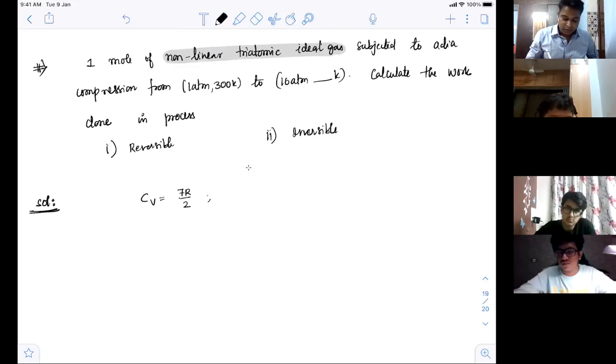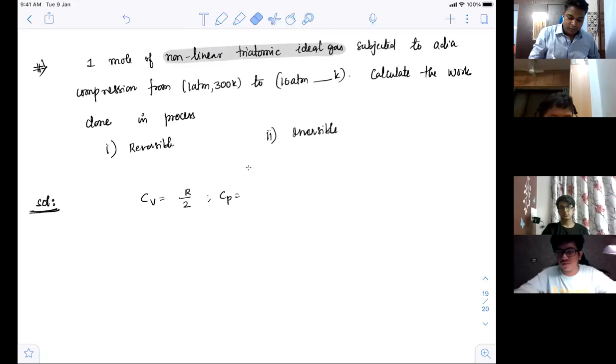What will make that Cv, Cp? Cp will be, sorry, this is 5R by 2. 6R by 2, and this will make it 4R by 2, which makes gamma equal to 4 by 3, which is 1.33. This is the gamma value.